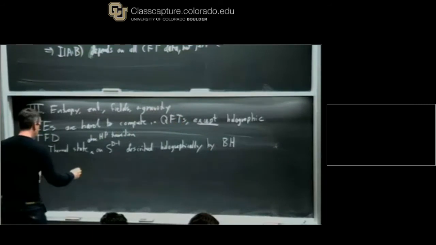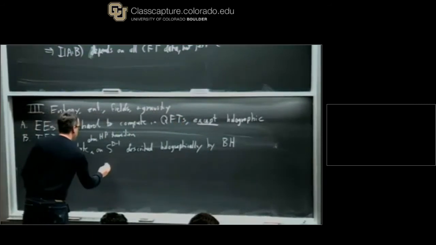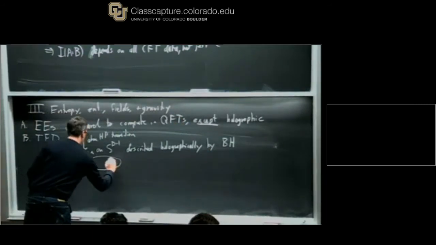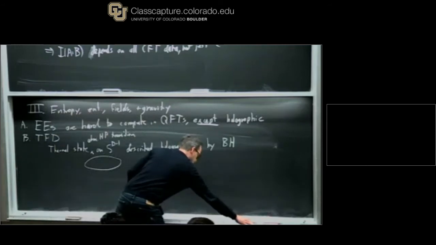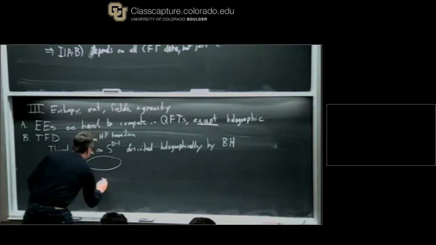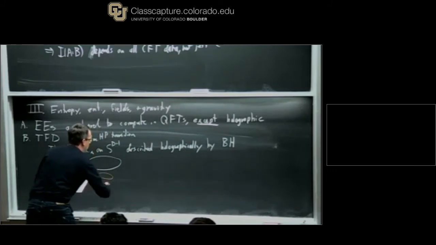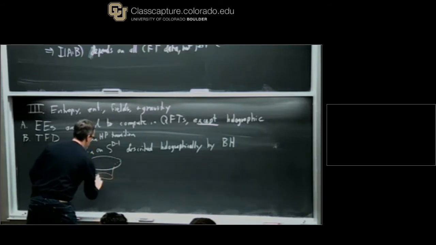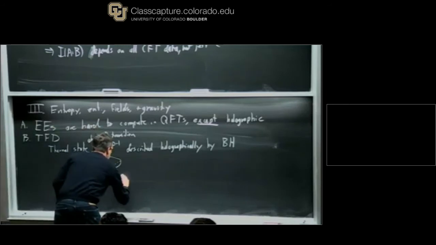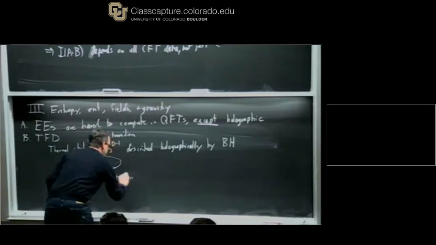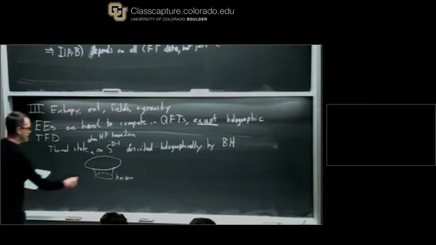Which looks like this. Some AdS Schwarzschild black hole, which has a horizon. Okay, this is our horizon. This is what a time slice looks like. And this is the boundary.